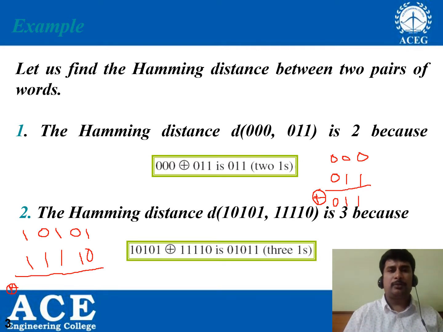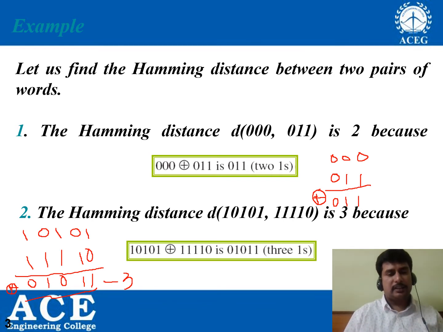The same rule: if two bits are the same, the exclusive OR is 0; if two bits are different, the result is 1. So 1 exclusive OR 1 is 0, 0 exclusive OR 1 is 1, 1 exclusive OR 1 is 0, 0 exclusive OR 1 is 1, 1 exclusive OR 0 is 1. The total number of ones in the resultant exclusive OR is 3. Hence the Hamming distance between the two code words 10101 and 11110 is 3.